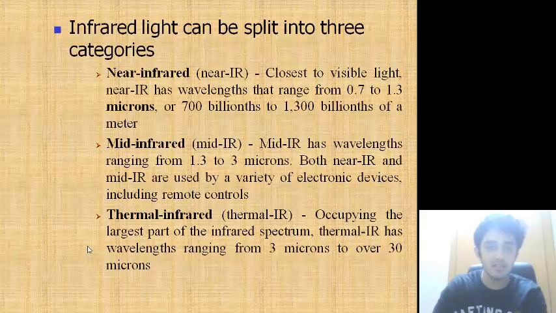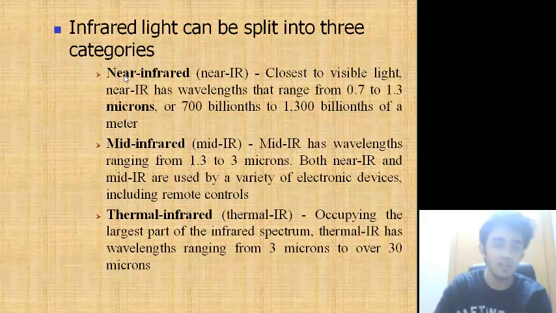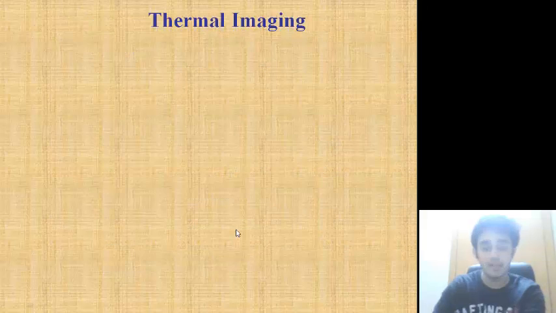As we can see right here, the near infrared range is 0.7 to 1.3 microns. The mid infrared is 1.3 to 3 microns, and the far infrared covers the range from 3 microns to over 30 microns, or until the microwave range of the electromagnetic spectrum band is reached, which is really big.